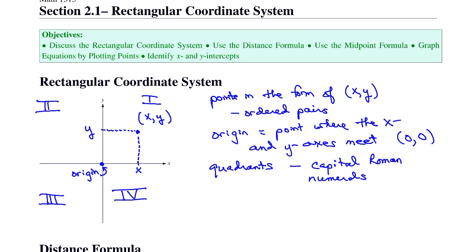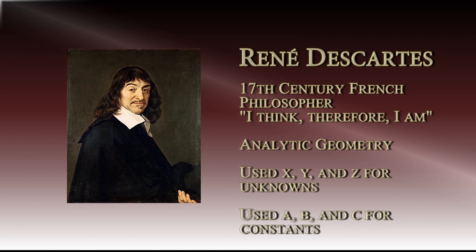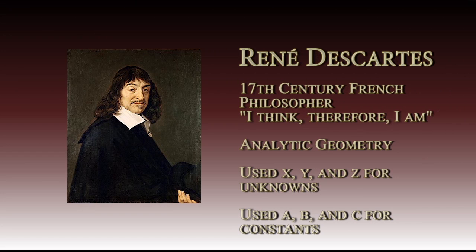Finally, the rectangular coordinate system is also called the Cartesian plane, or the Cartesian coordinate system. It is named after Rene Descartes. Rene Descartes was a French philosopher and mathematician who lived in the 17th century. In philosophy, he is perhaps best known for his phrase, "I think, therefore I am."